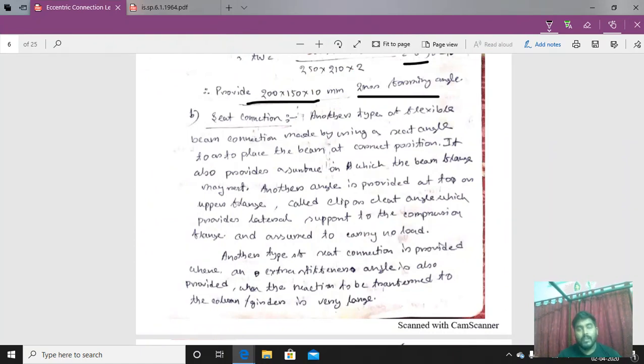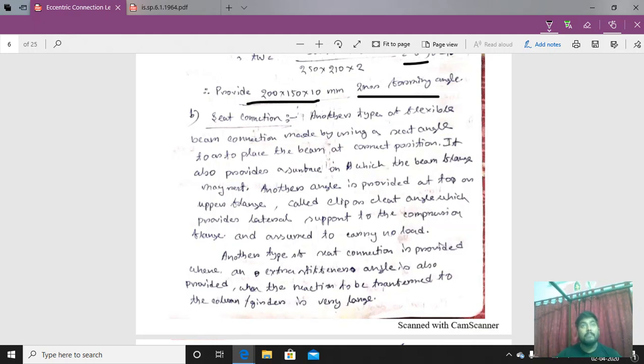Here, in case of a seat connection, what is basically done is that it is also a beam to beam or beam to column connection, but here the beam is connected with the column flange or the girder with the help of a seating angle. A seat angle is provided so that the connection can be made.